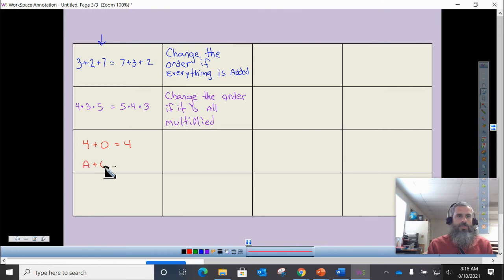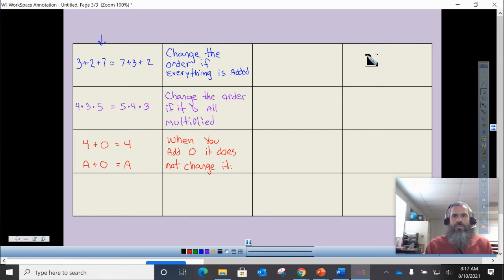So whatever we do with numbers, we can do with variables, because variables are just holding the place for a number. When you add 0, it does not change it.